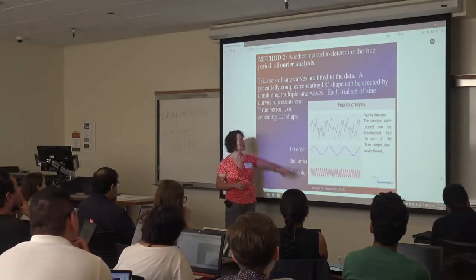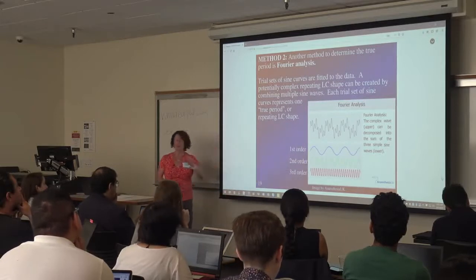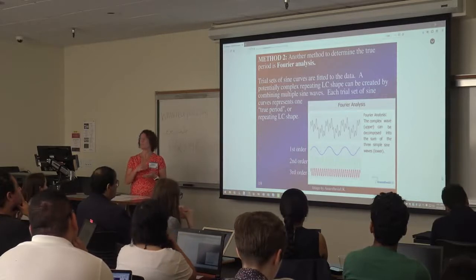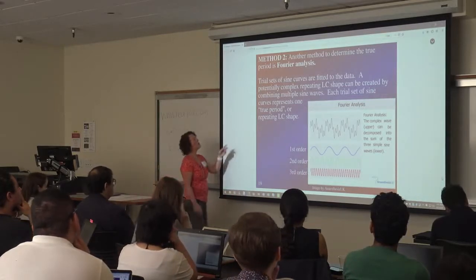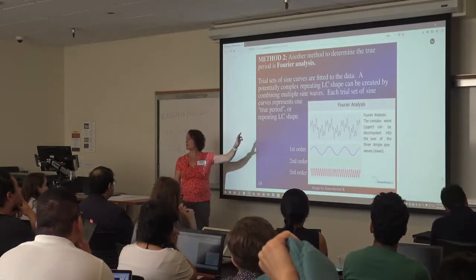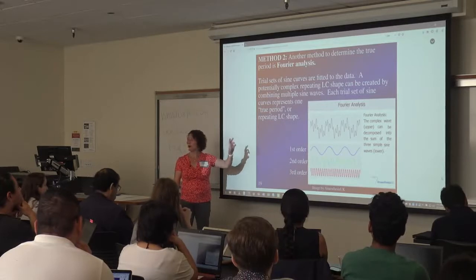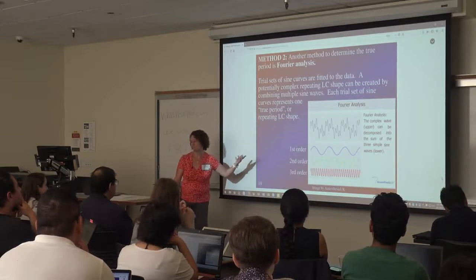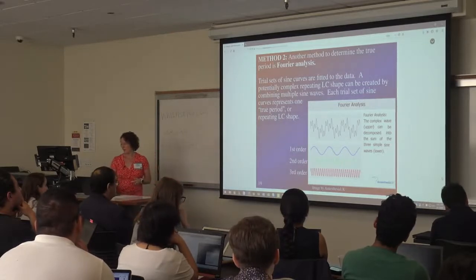You can make odd shapes with this. And so this is another way that you can try to find the best fit for your data and the best repeating light curve. Okay. Now, when you're fitting this, you could fit it to all of the data, or you could phase it to trial periods. It probably would be best to phase it to trial periods to do this and try to fit it, because you don't want to fit gaps in your data. Okay. All right.